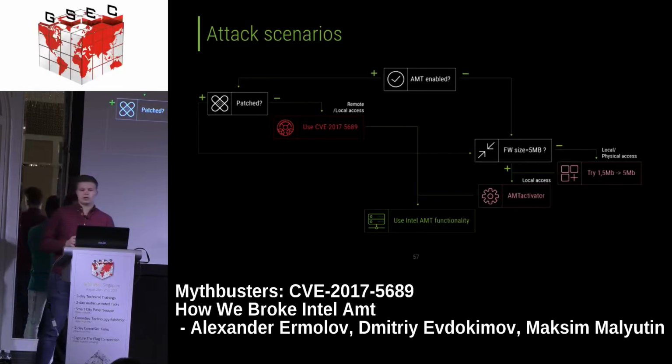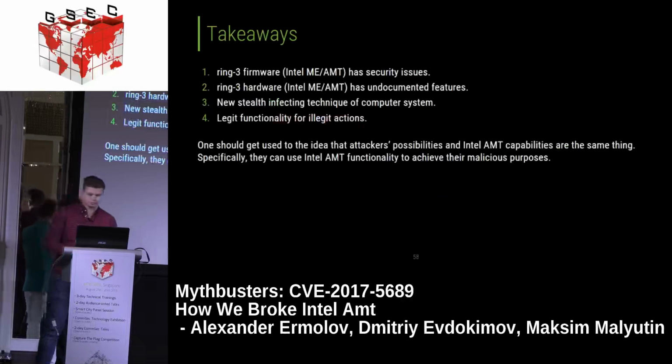The thing is, because the Intel ME is ring -3, it operates at the lowest level. People themselves have to patch this firmware, which is likely going to be rare. This means that this vulnerability will exist for a very long time.